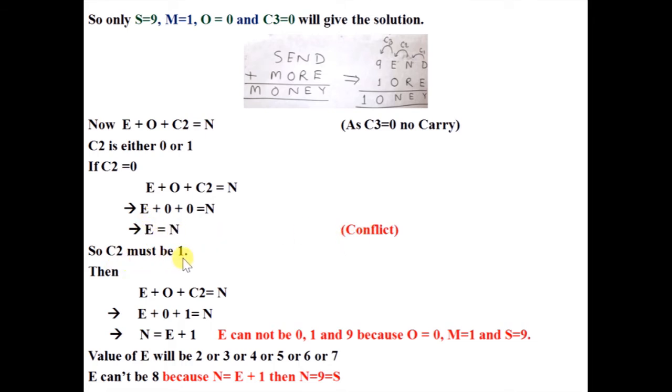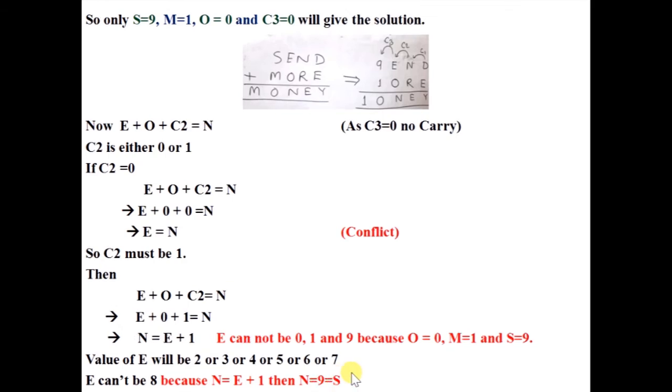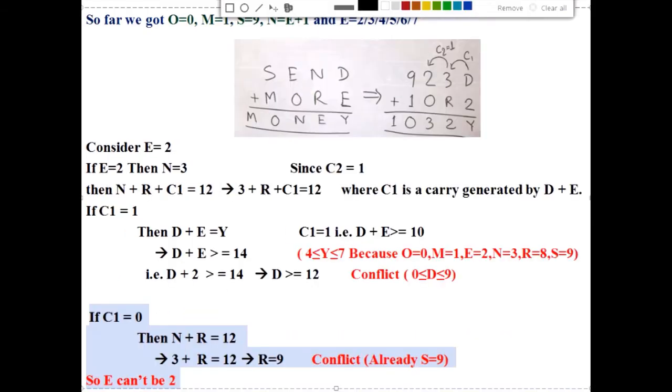So C2 must be 1. Then E plus O plus C2 equals N, which implies N equals E plus 1. E cannot be 0, 1 and 9 because we have already assigned 0 to O, 1 to M and 9 to S. So the value of E will be either 2, 3, 4, 5, 6, 7. E cannot be 8 because if E becomes 8, then N will be 9, so again it will create a conflict.